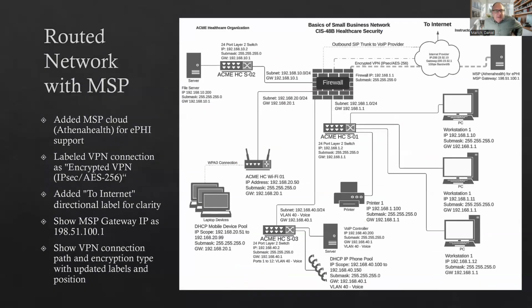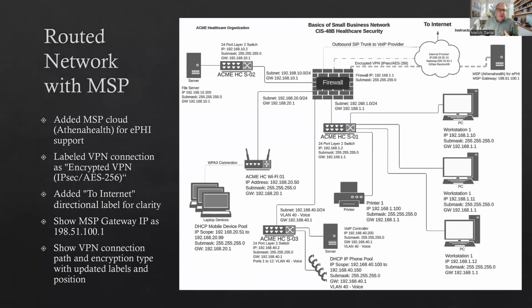Okay, last, we add our MSP, our managed service provider. In this case, my example is Athena Health, right? So we have this small healthcare network, and we're going to leverage, again, a third-party vendor to handle all of our electronic protected health information.